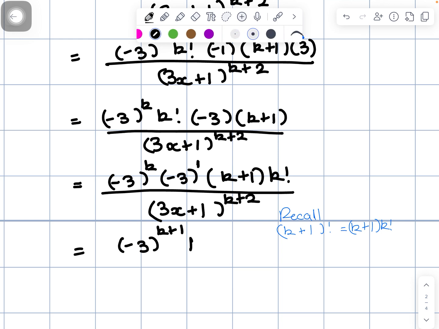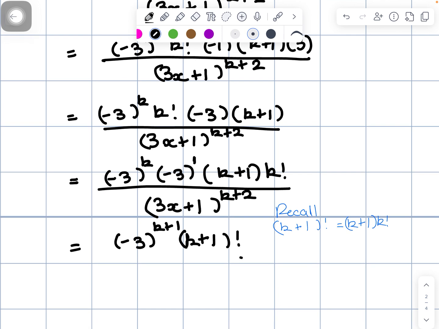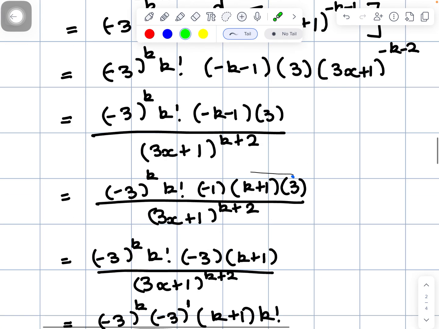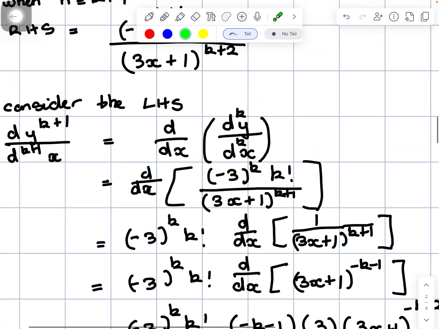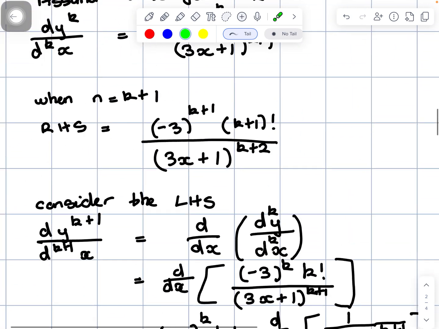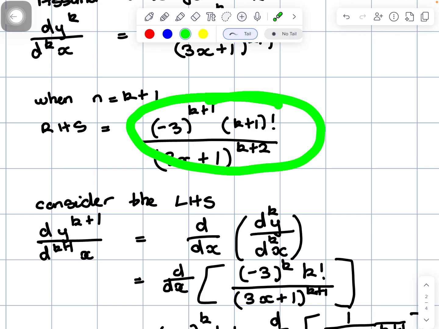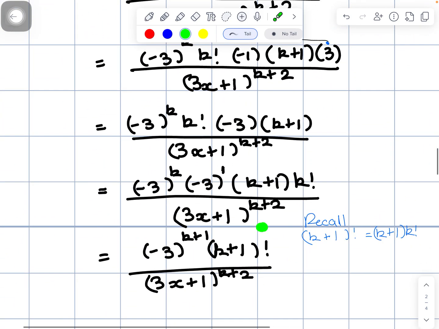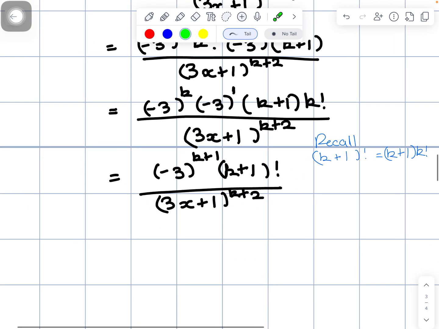So we have k plus 1 factorial over 3x plus 1 to the power k plus 2. Why are we doing this? We're doing this such that this stage is exactly the same as the right hand side. Once you have done that, it means that we have reached the goal. We are done.